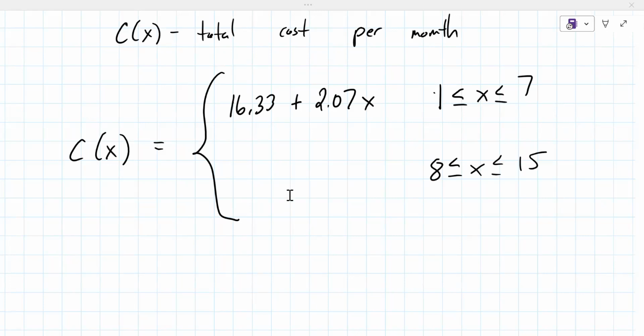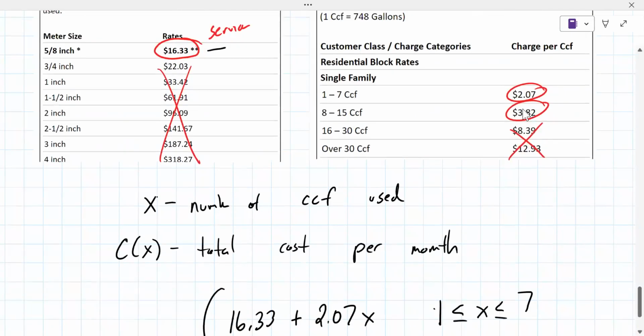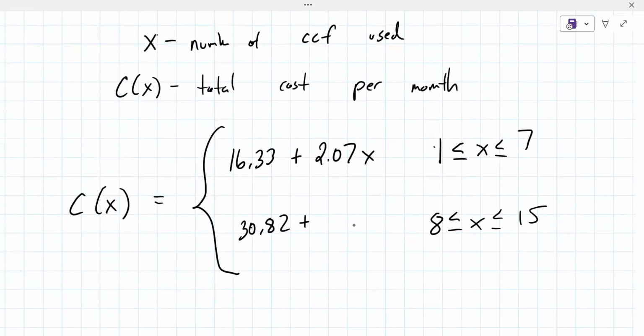Is it 30.82? Fine. And then what you're adding to it is the new cost, $3.82. Now this one's a little bit different, like you get charged more the more water you use. But it's not times X because you're not getting charged for all of them. It's only the ones over 7 that you're using. So the second one always has an X minus that endpoint in it.